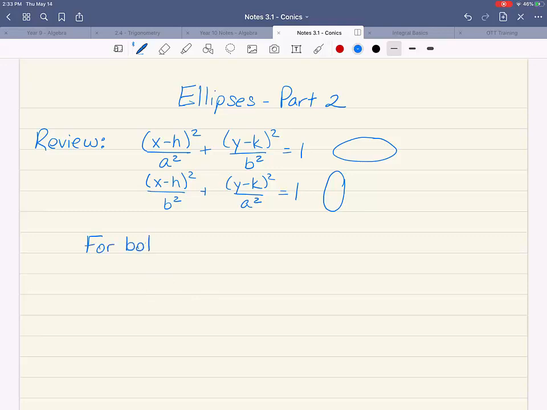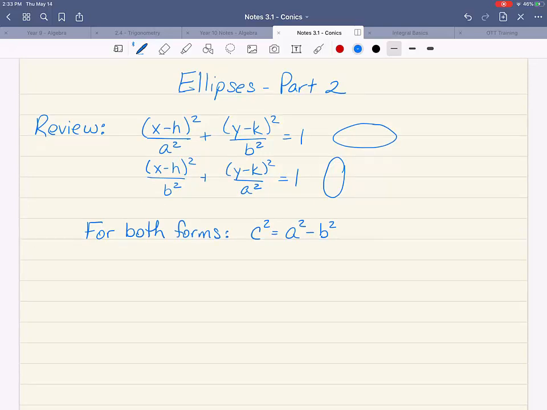So for both forms, to find the length c, which is the distance from the center to the focus, the formula is c squared equals a squared minus b squared. Looks kind of like the Pythagorean theorem, but it's minus instead of plus. And remember that c is the distance from the center to a focus.